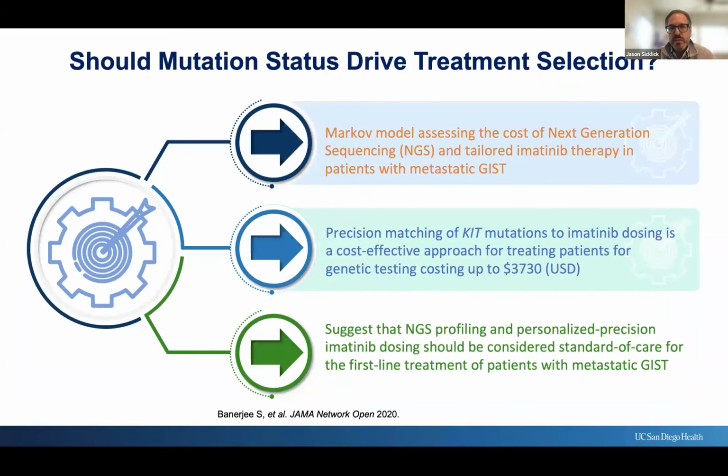So what this suggested, using this modeling, is that the cost of next generation sequencing and tailored therapy based upon these biomarkers that we can discover with genetic testing was cost effective, and it should be employed in our approaches to treating patients with GIST.